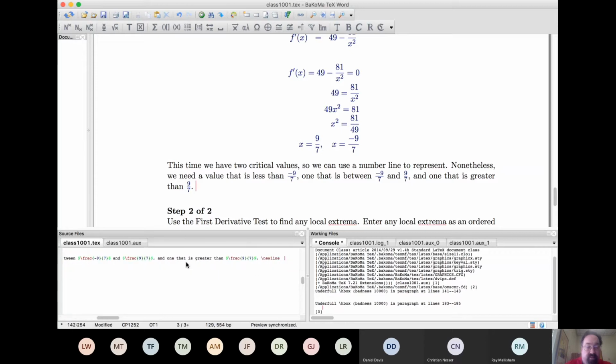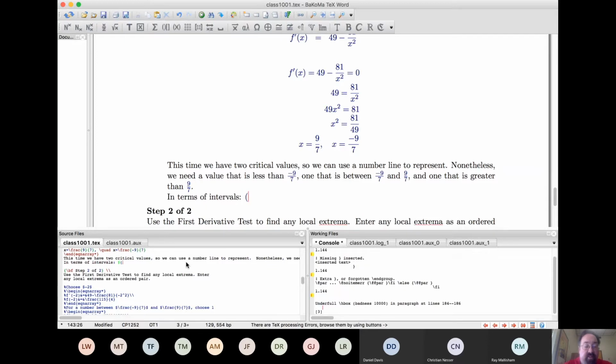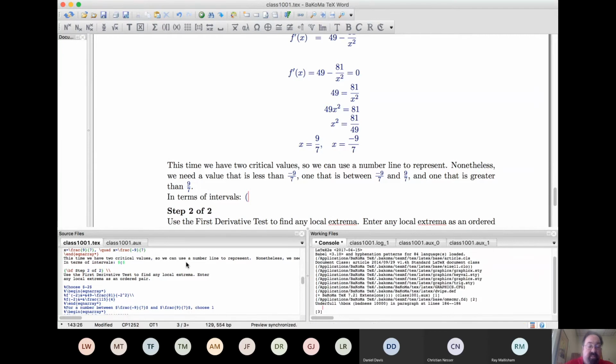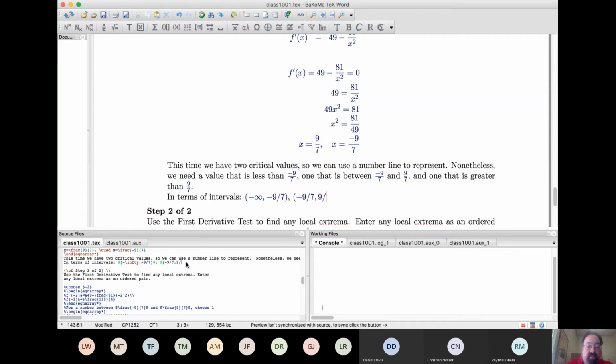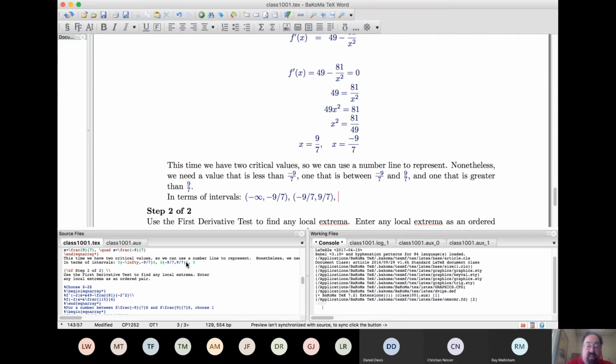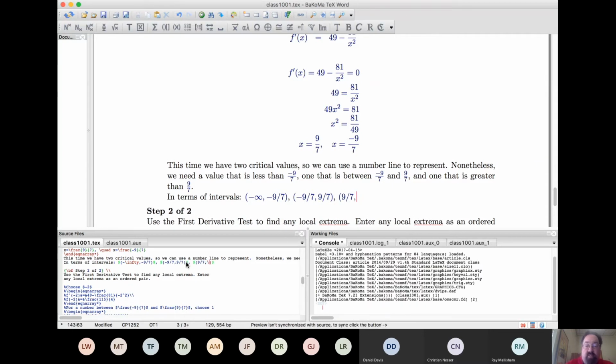Now I can also explain this in terms of intervals, like from a previous lesson. So minus infinity to minus 9/7, minus 9/7 to plus 9/7, and then 9/7 to infinity.